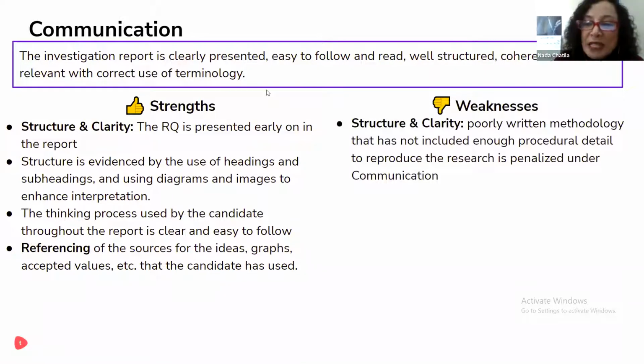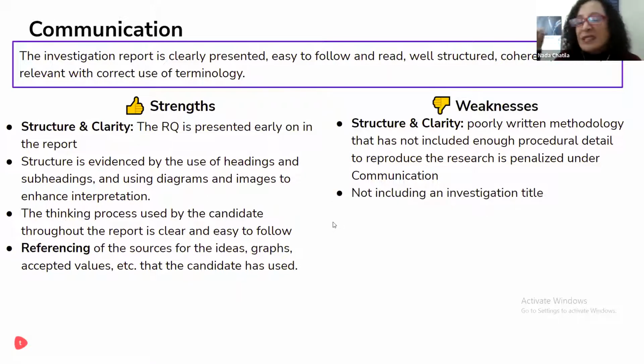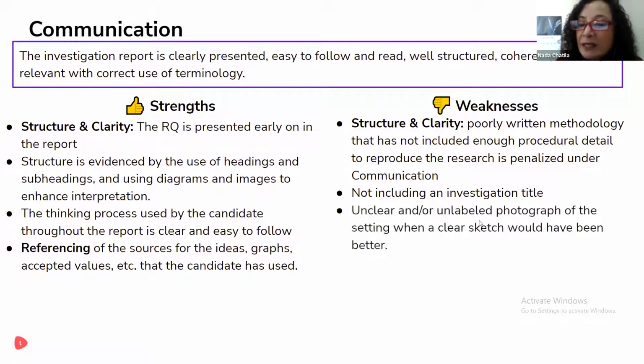Weak aspects of communication: poorly written. The poorly written methodology is analyzed here. But this is a minor thing, not including an investigation title, but it is an expectation to have a title. Unclear, unlabeled photograph of the setting.